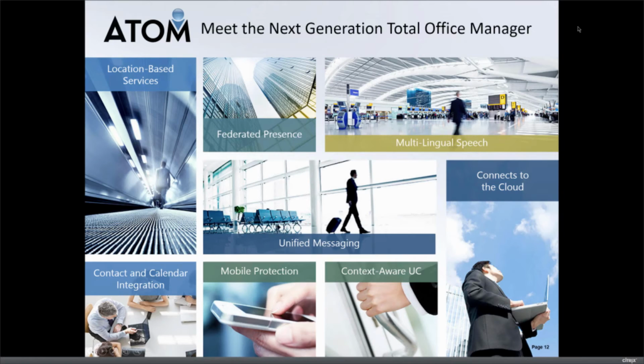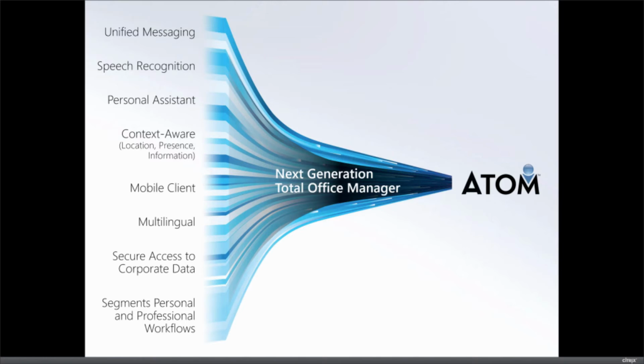So if you think about the things we've done in our system over the years, the things we've added in. We've always been a leading edge provider in the unified communication space. So we were very early with speech. We were very early with unified messaging. We've always had very strong features in our products for mobile workers.